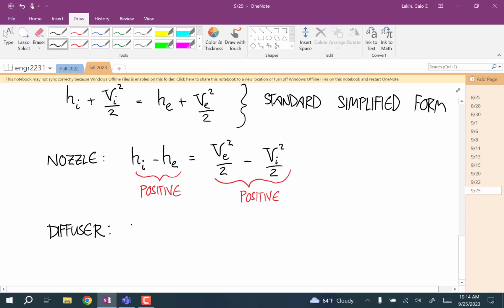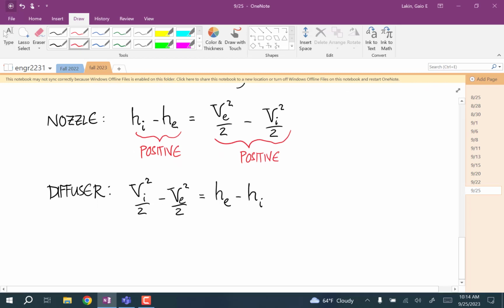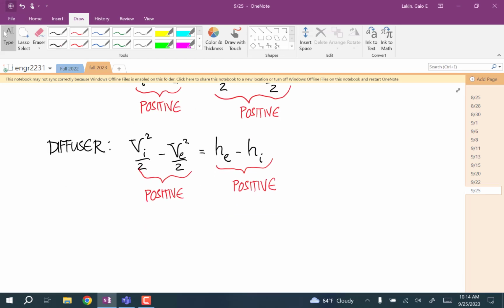So I'm going to write this as V_i squared over 2 minus V_e squared over 2 is equal to the enthalpy at the exit minus the enthalpy at the inlet. And again, for a diffuser, these are both positive. Okay, so what are we doing in a diffuser or in a nozzle? In both of these, we're exchanging enthalpy for speed.